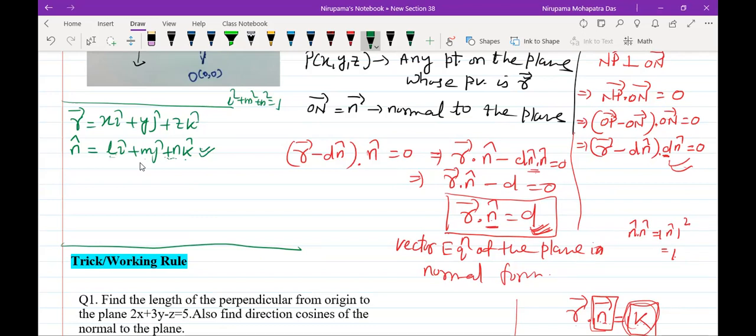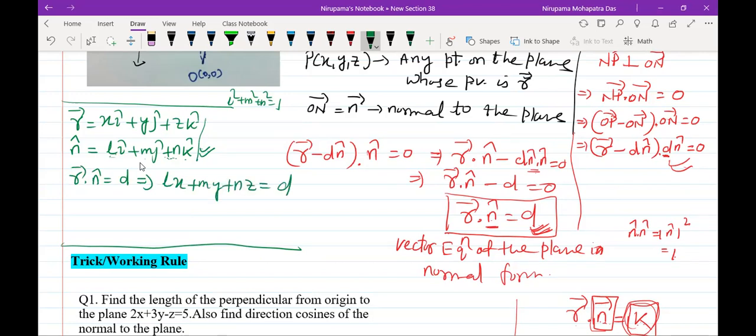So when we write r dot n cap equal to d, it means take the dot product of these two. So we get lx plus my plus nz equal to d.